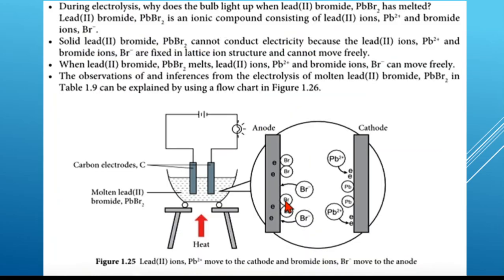So, here kita akan nampak dia punya brown gas is released. Br negatif, bila dia buang semula dia punya elektron, dia jadi Br. So, Br and Br, so dia jadi bromine gas lah, Br2 kan? So itu yang kita nampak observation di anode.